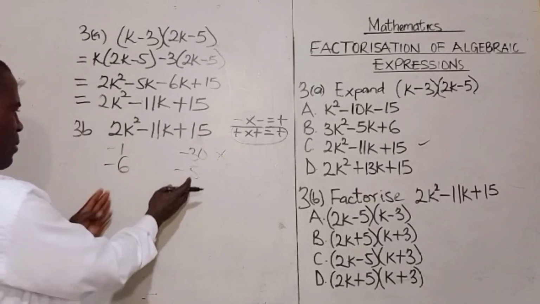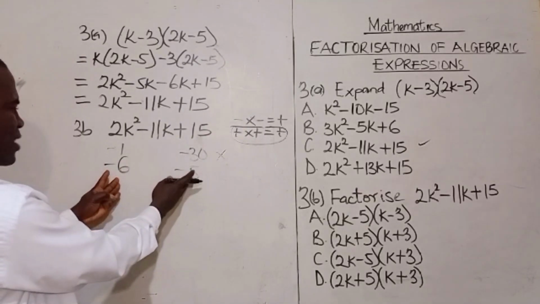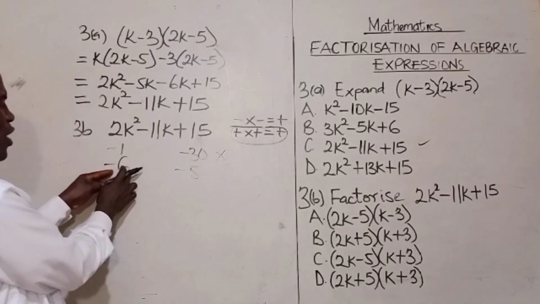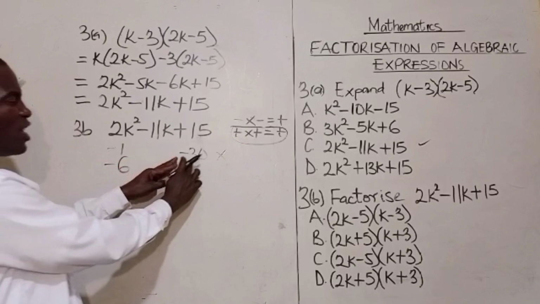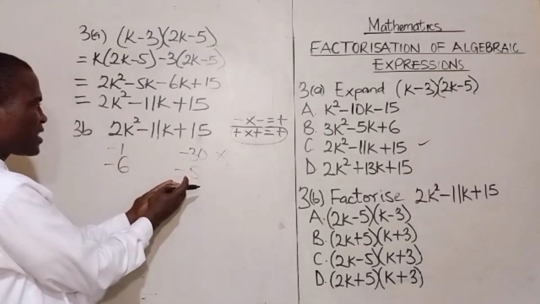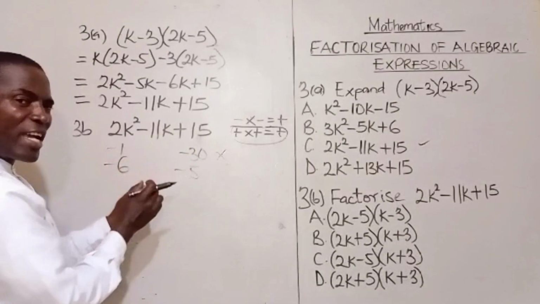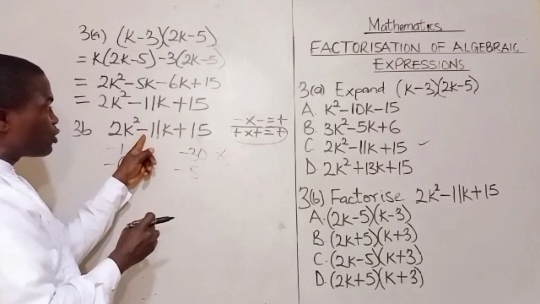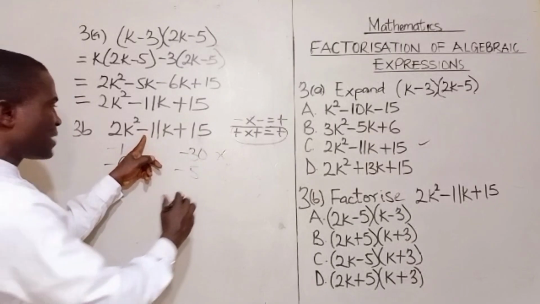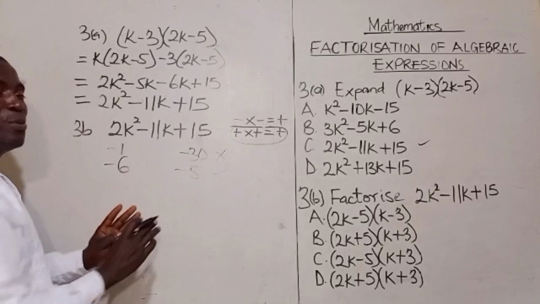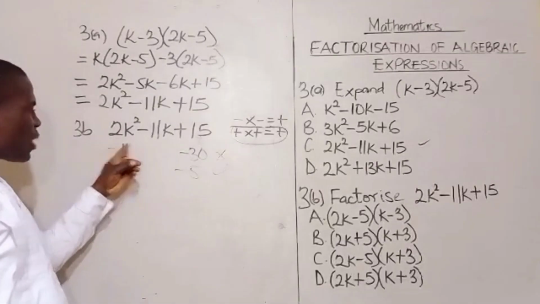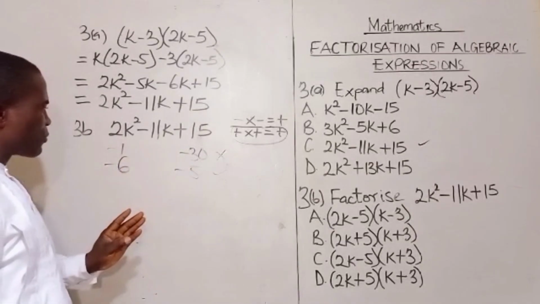We can now see that if I am owing minus 6, and I'm still owing another person minus 5, definitely altogether the amount of money I'm owing is going to be minus 11. That means this particular factor is the most appropriate. This one and this one is not the most appropriate.